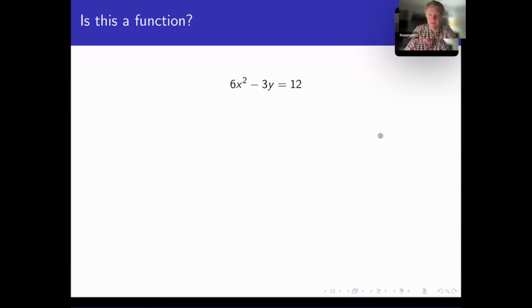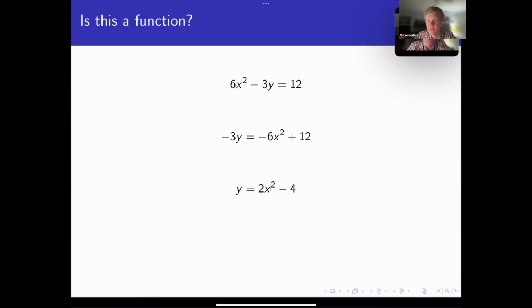That's what y equals would be. So let's subtract 6x squared on both sides, and let's divide everything by -3. Now, let's see, does every x go to one y? When I plug in x, how many y's do I get back? Well, if I plug in x equals 0, totally arbitrary, 0 squared is 0. 2 times 0 is 0. 0 minus 4 is -4.